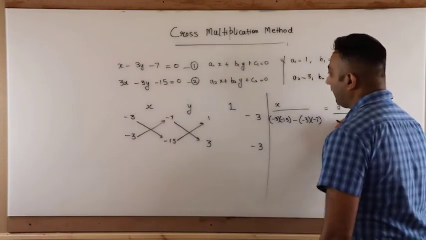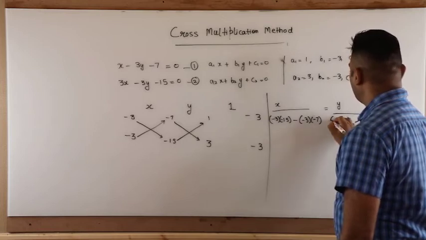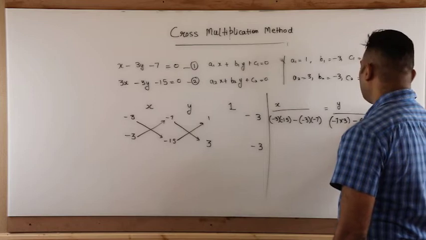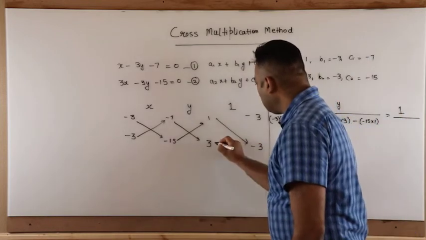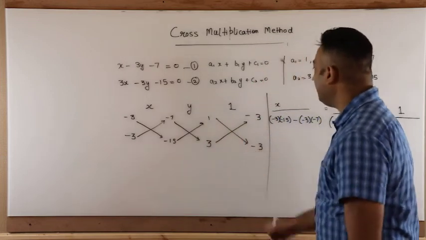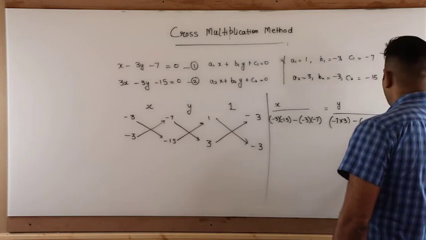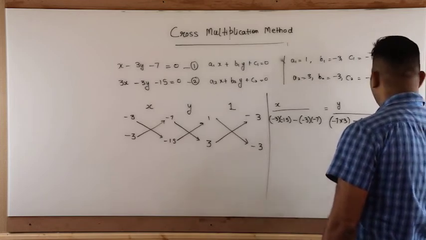So we get y upon minus 7 into 3 minus minus 15 into 1 is equal to 1 upon, now multiply 1 and minus 3 and subtract 3 and minus 3's: 1 into minus 3 minus 3 into minus 3.